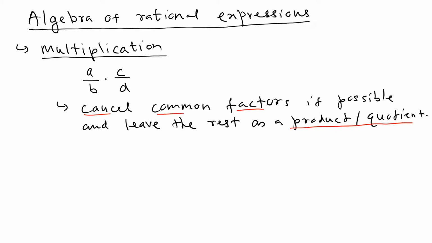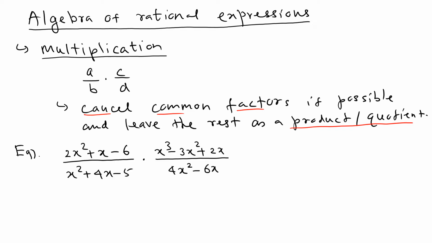So let's look at an example. We can do this one. We have 2x squared plus x minus 6 divided by x squared plus 4x minus 5, times x cubed minus 3x squared plus 2x divided by 4x squared minus 6x. The first step is to factor these. We're going to factor the first one.